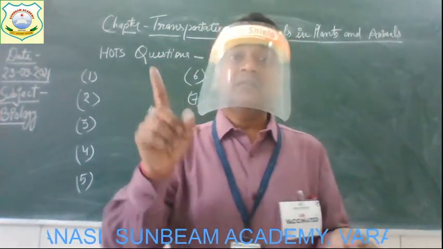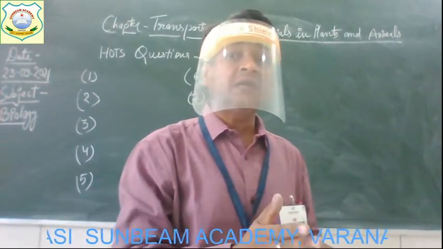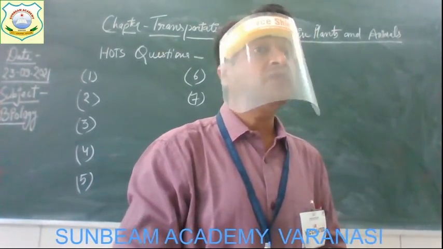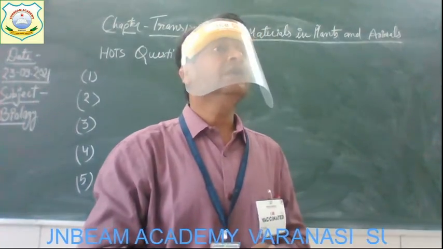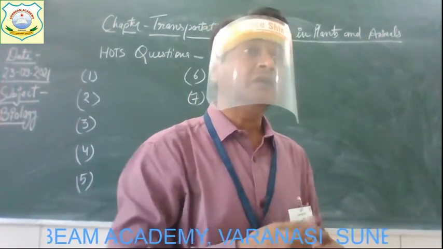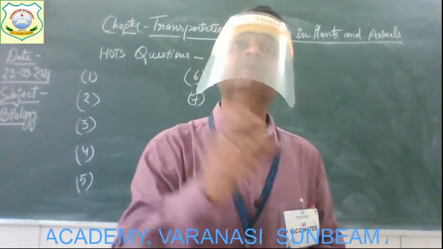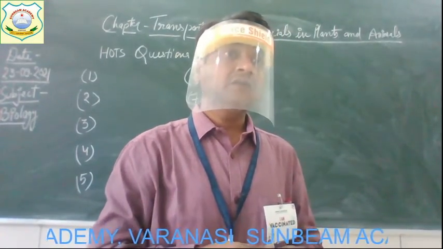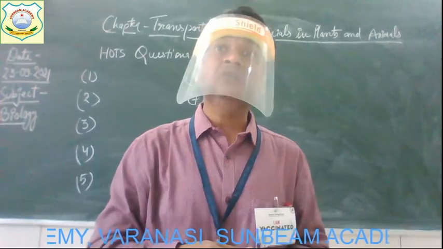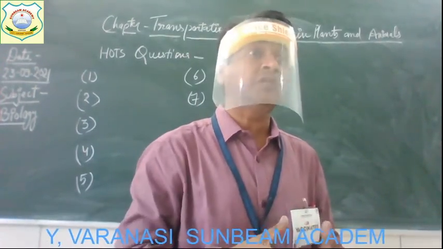But the ventricles pump the blood to various parts of the body. So it requires more pressure to pump it, and so the walls of the ventricles are thick. Because of this, it can pump the blood with pressure.